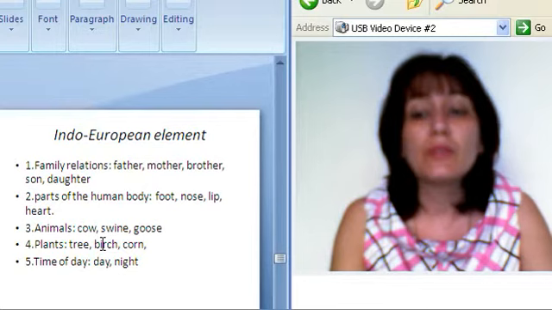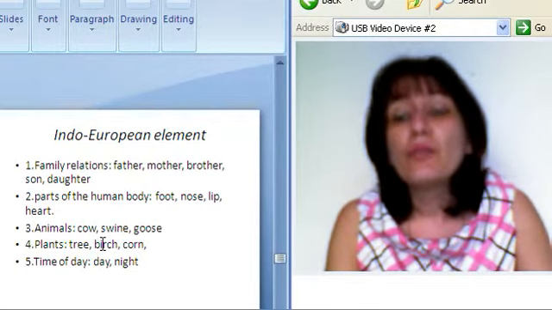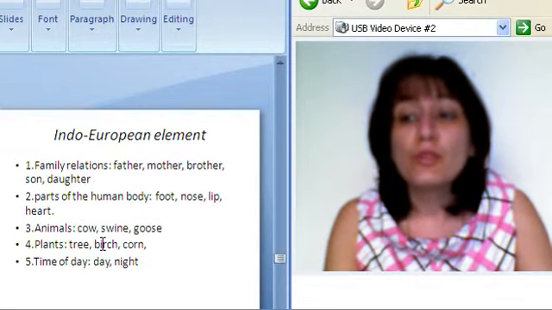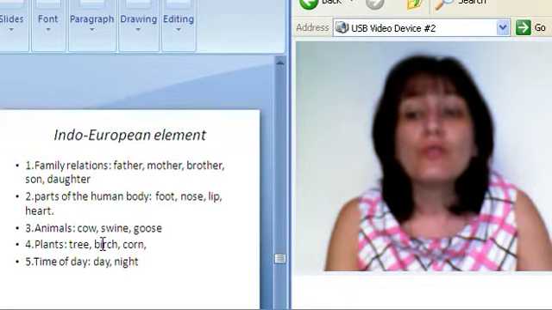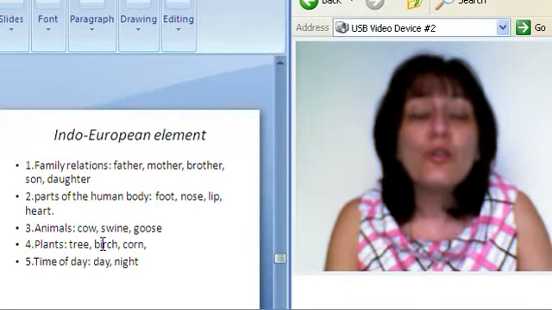By the Indo-European element are meant words common to all or most languages of the Indo-European group. English words of this group denote elementary concepts without which no human communication would be possible.